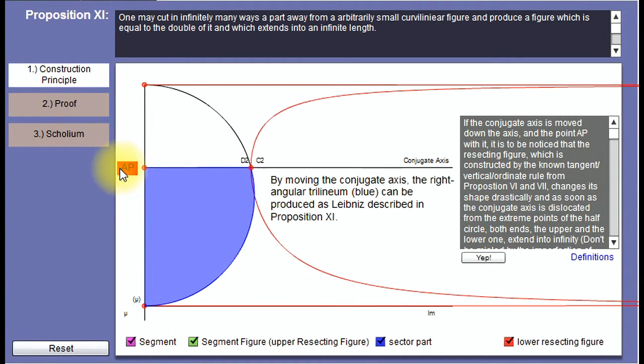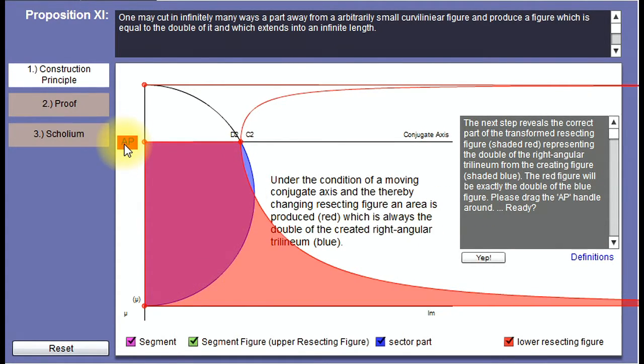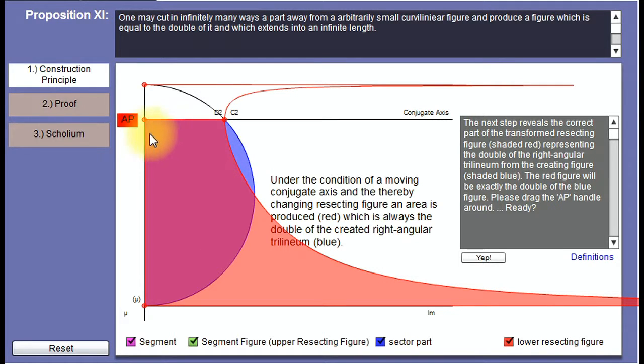So let's look at the blue part, for instance. According to the construction principle and the propositions we dealt with before, especially proposition 1 and proposition 6 through 8, we know that the blue part of the semicircle, which we just cut away, so to speak, will be exactly the half of this lower part of the resecting figure.